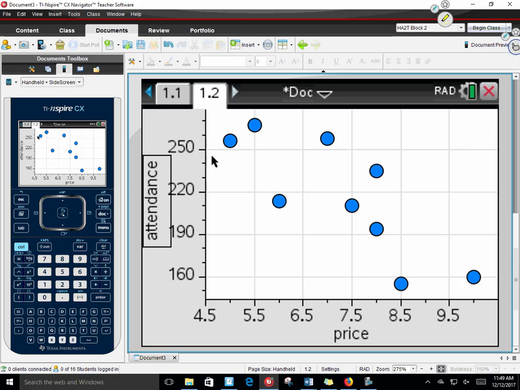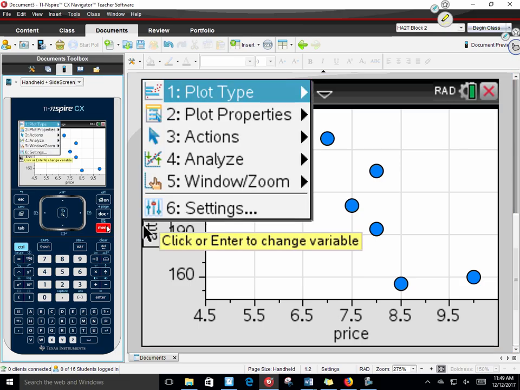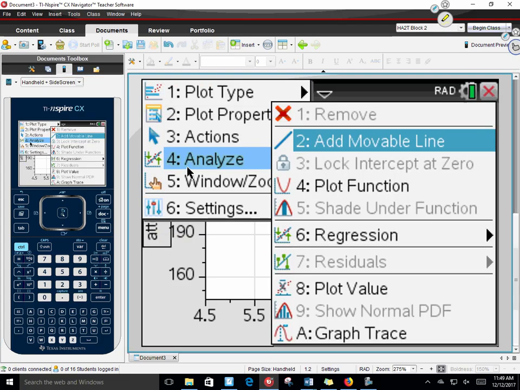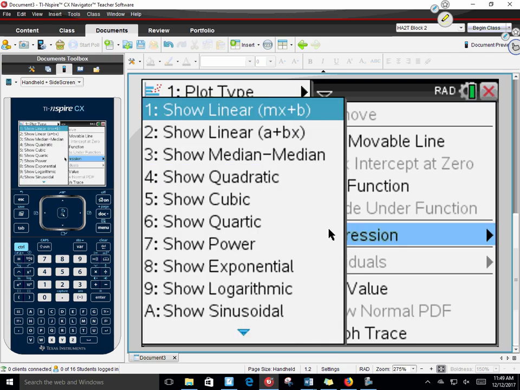And now, how do I get my equation? Menu, analyze, regression. What type do we want for this one? Linear mx plus b. Good.